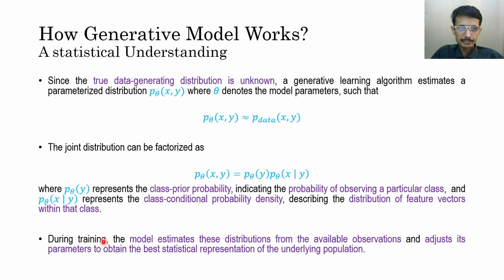So basically, in our training, the model tries to estimate p theta (y) and p theta (x given y) from the available observations, and adjusts its parameters theta to obtain the best statistical representation of the underlying population. So we have to find this theta in such a way that it gives the best statistical representation of the population.